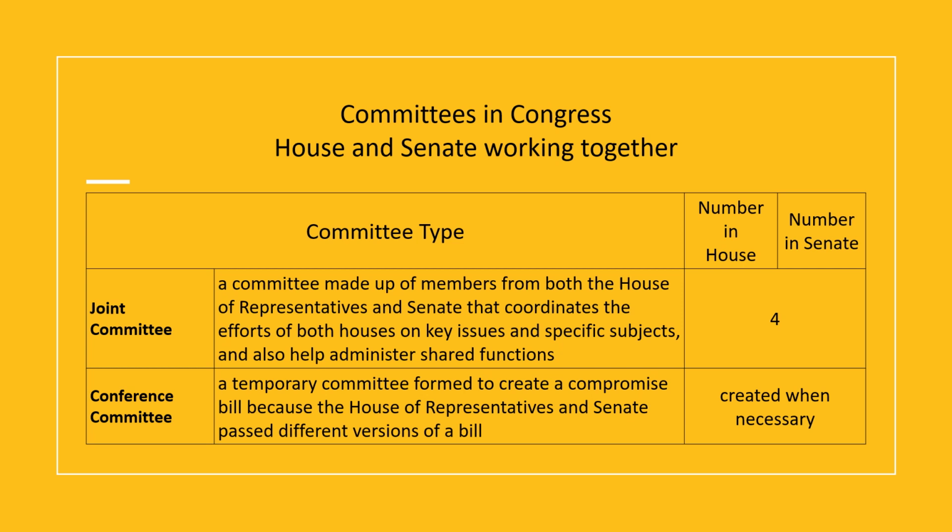A joint committee is going to work to make sure that as bills are going through the 2 houses of Congress, they really are going to end up being the same. And this then saves the conference committee work after a bill has gone through all these multiple processes. So a joint committee is often there to coordinate the efforts of both houses on key issues and specific subjects, and also to help administer shared functions.